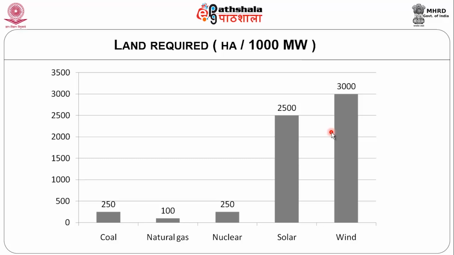Further research is needed to bring down the cut-in speed, which is currently about 4 meters per second. If it is brought down to 3.5 or 3.75, definitely the potential could be increased, and the installations can be increased.